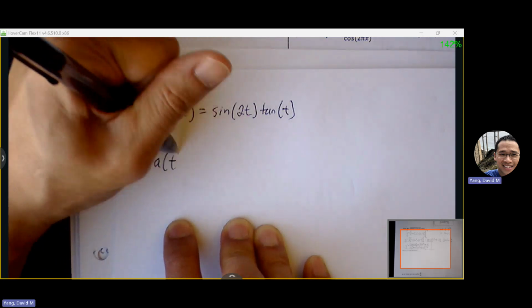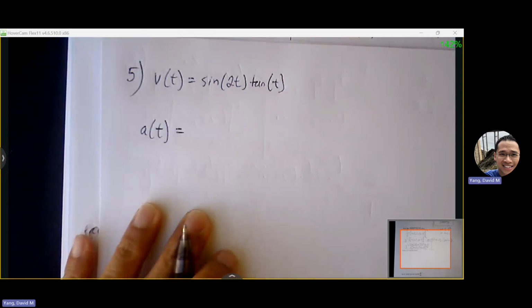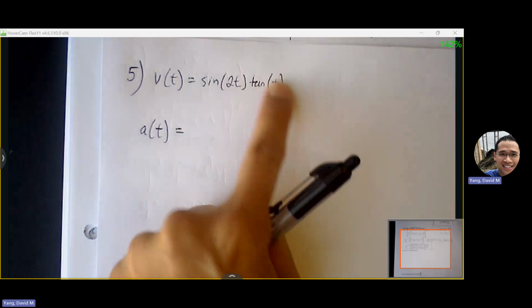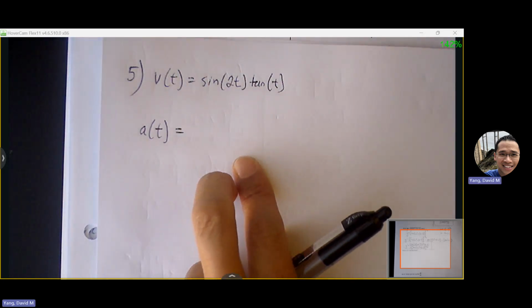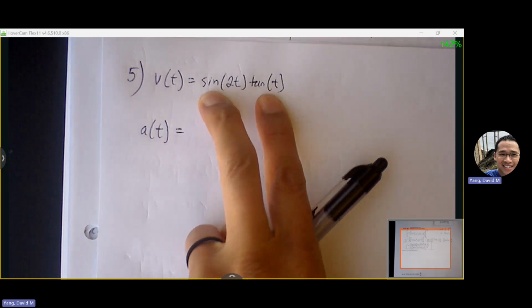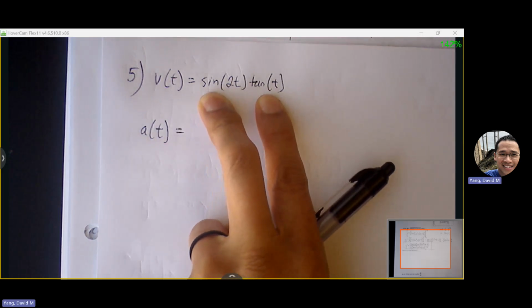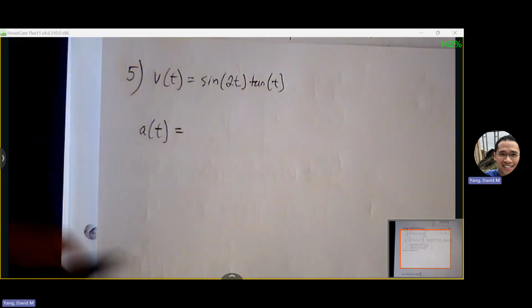So acceleration is one derivative down. But to get to acceleration, what's involved here besides sine and tangent's derivative? Product rule, yeah. You see 2 distinct functions being multiplied together, so we got to go through product rule.